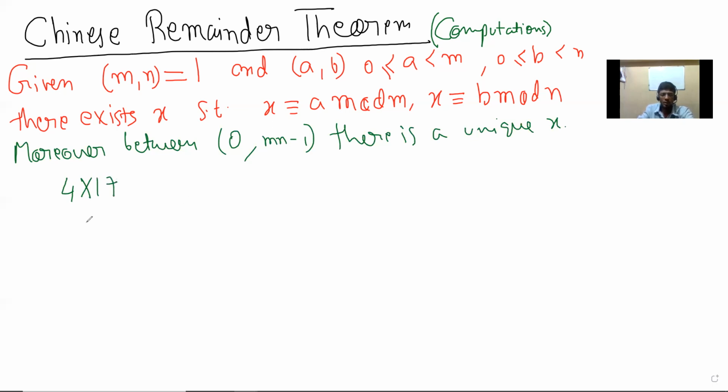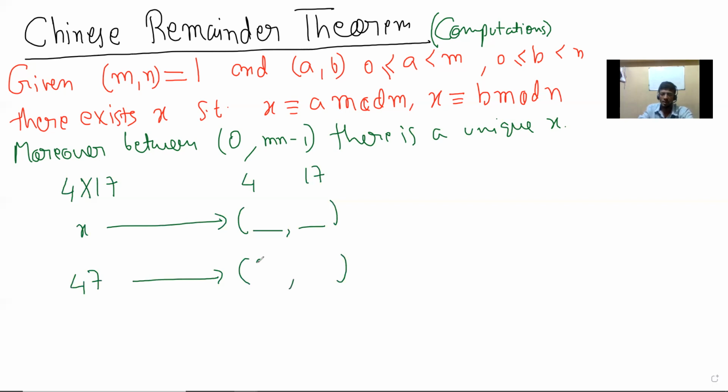That if you take any number x, and you send this to the remainder when divided by 4 and the remainder when divided by 17, for example, if you take 47, then where will this go? 3 comma.